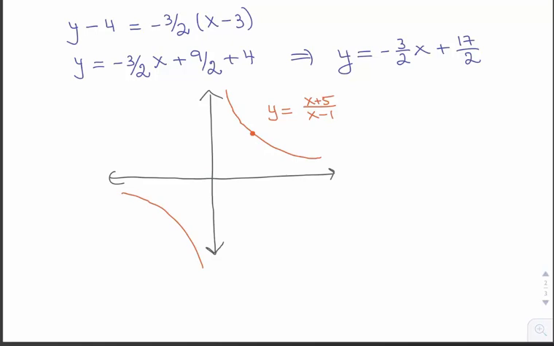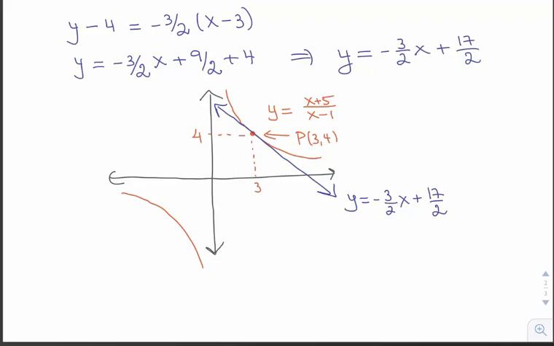My point somewhere here. So this point is (3, 4). And the line, let's make it a different color. There we go. That's the sketch that I would expect to see. So the line is y is equal to negative 3 over 2 x plus 17 over 2.